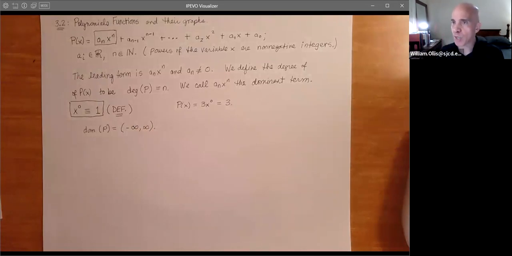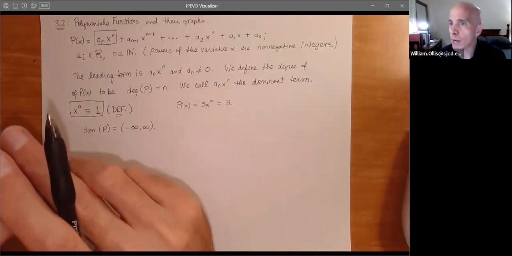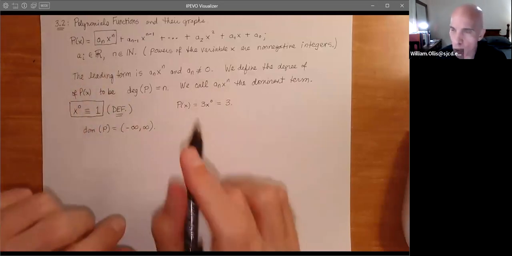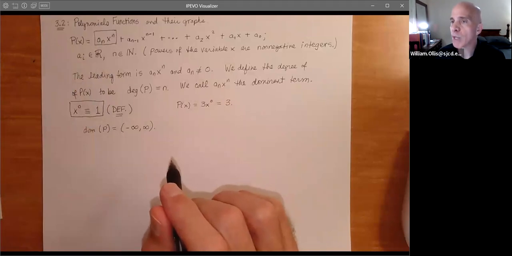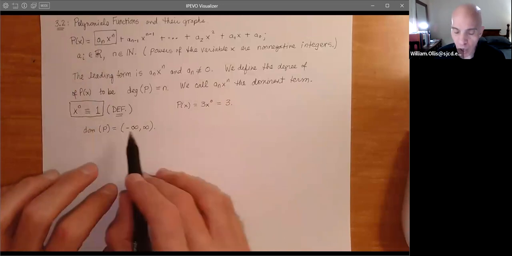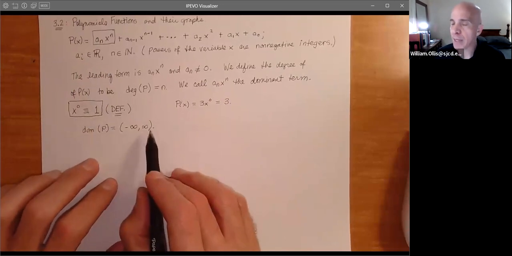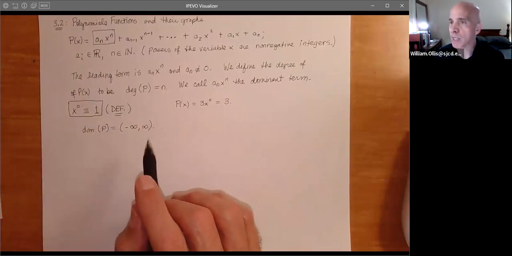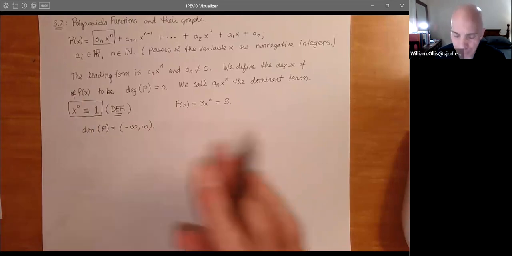Otherwise you just have discrete points plotted that would be in the shape of a quadratic or a parabola. So when we think about sketching a polynomial, ladies and gentlemen, we're always going to assume that the domain is all reals unless the problem says restrict to a certain set.